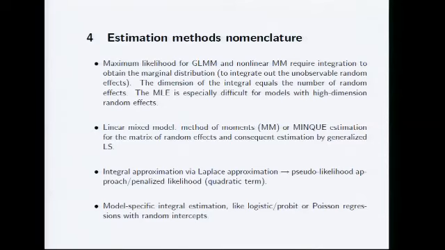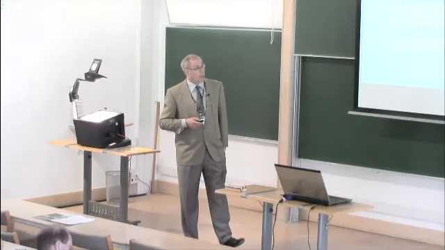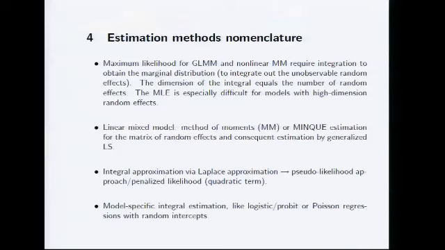For the nonlinear mixed model and for GLMM, you can use Laplace approximation, which brings you to the class of estimation called the pseudo likelihood approach or penalized likelihood, and that was covered in the previous lecture. I pay special attention to model-specific integral estimation, like logistic probability or Poisson regression with random effects.